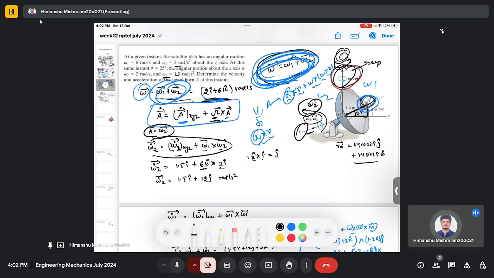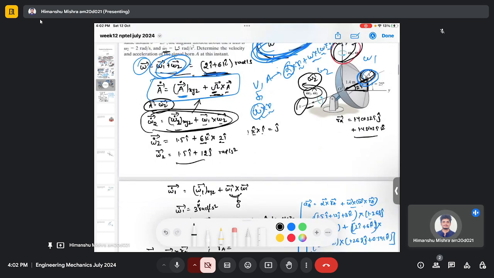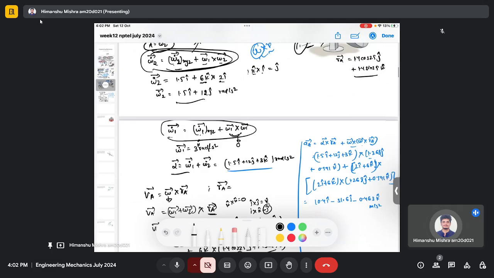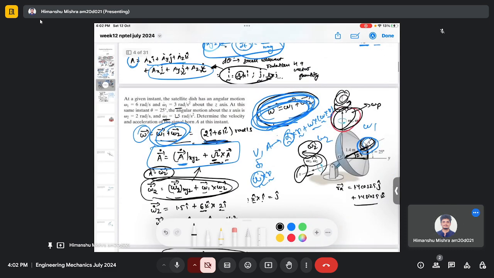So first we consider omega 2, we use this equation to write down the equation for omega dot 2, and we got that, and using the same equation we calculated omega dot 1, and we found that omega dot 1 is just 3 rad per second square in the z direction. Then using omega dot 1 and omega dot 2, we calculate angular acceleration alpha.